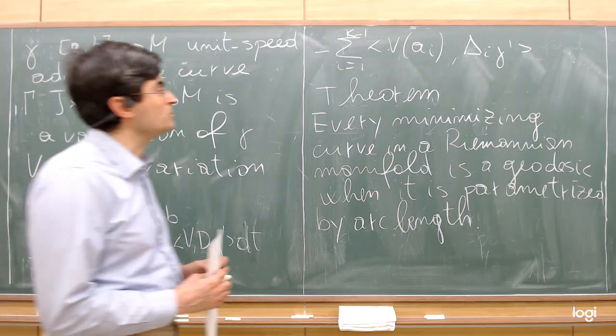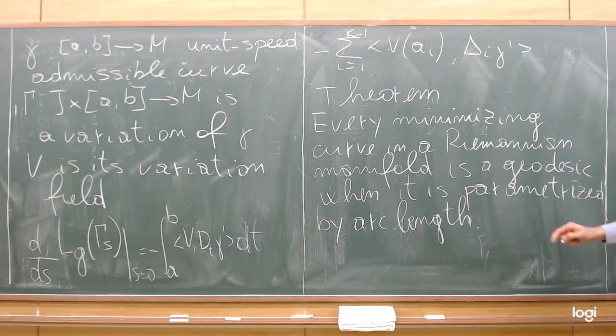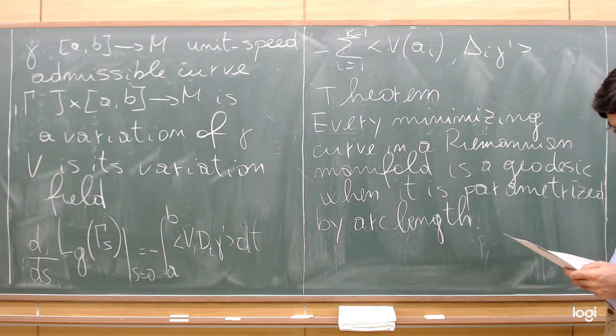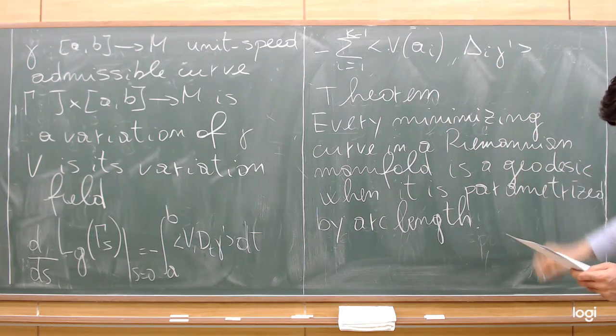And the second part proves instead that the curve has no corners, so this means that delta I gamma prime is always 0.